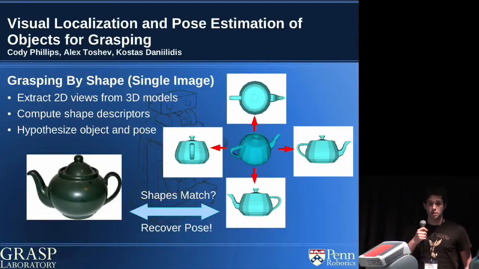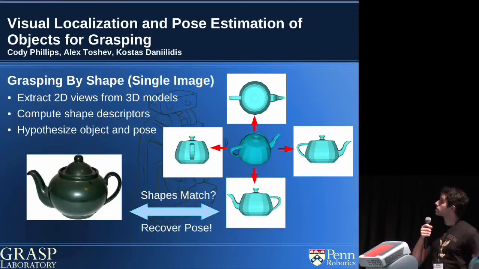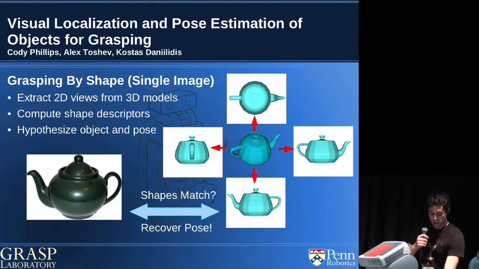You would calculate some distance metric between the shape descriptor extracted from the 3D model and your image model in order to come up with a hypothesis as to the correct pose, as well as to the object's identity in general if you have many objects in your 3D model database. So you can see as the shapes match, you can recover the pose from the view that you've generated.